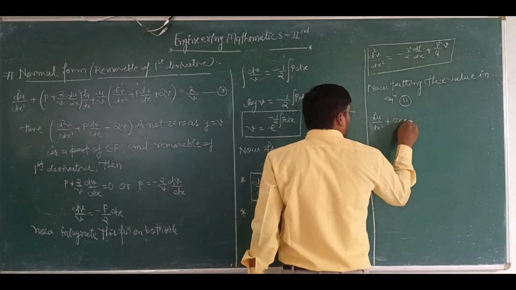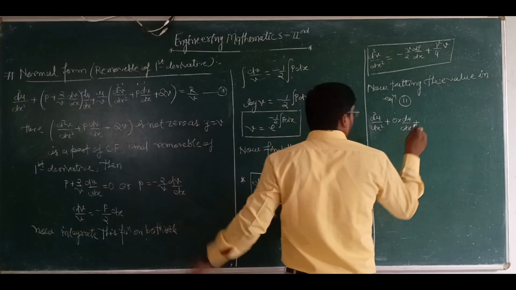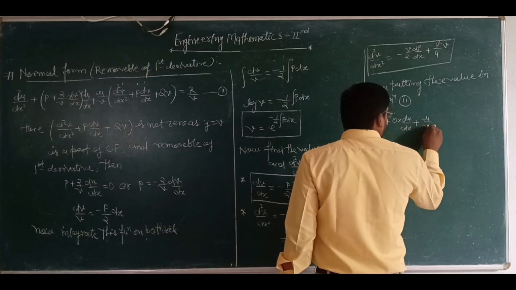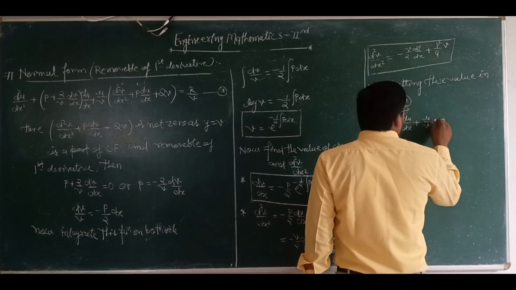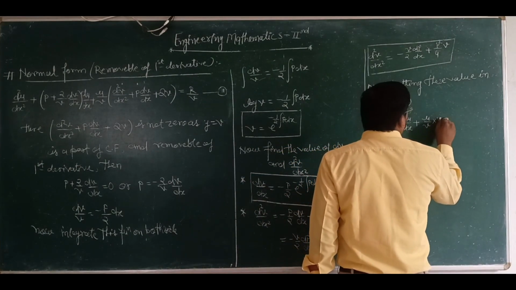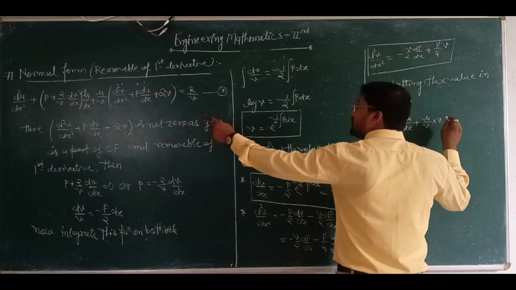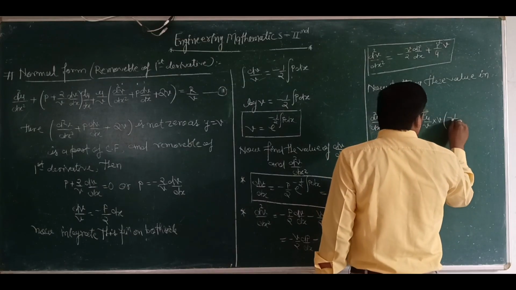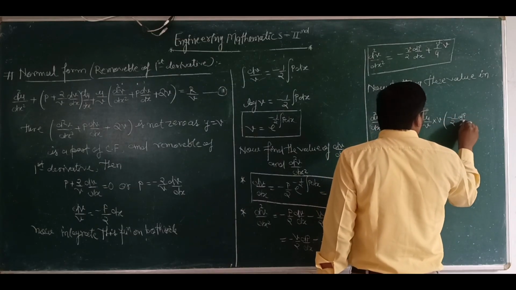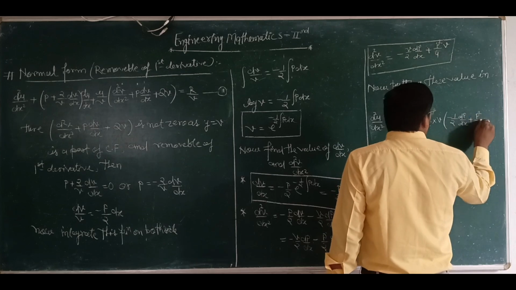Now 0 into du of dx plus, put the value of this, means u by v into common of v. Now you can write, put the value of v, this means minus 1 by 2 dp of dx plus p square by 4.